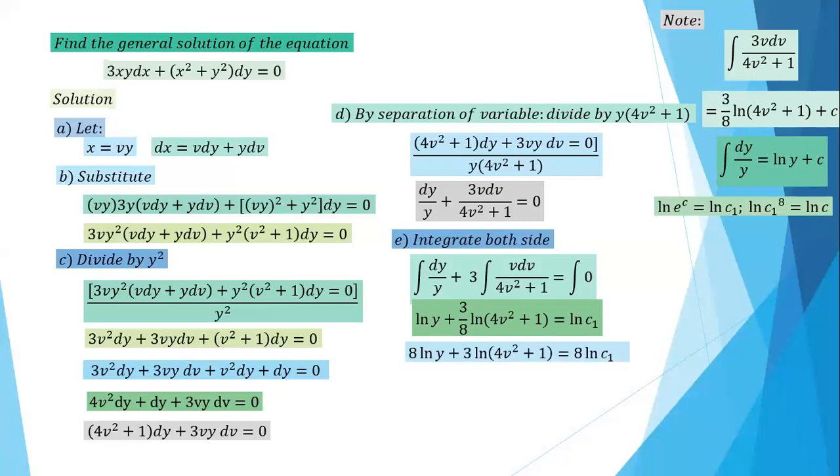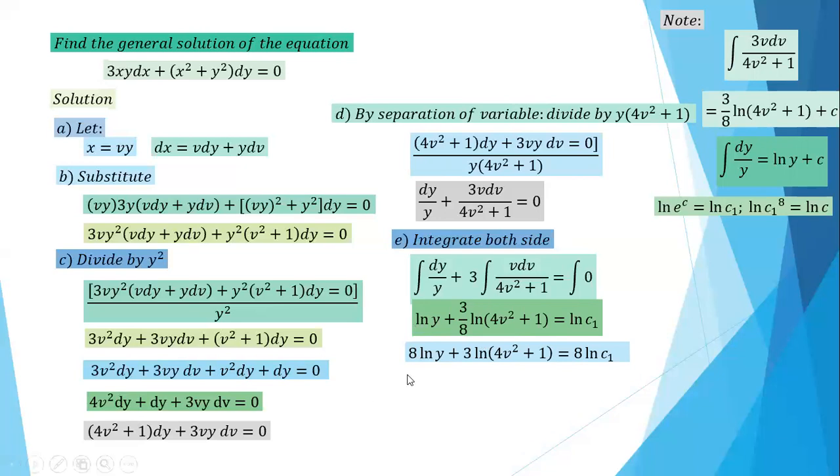Then next, we cross multiply by 8. So first we multiply 8 here. So we have now 8 ln of y. Then the common denominator now is 8. Then we multiply to the other side of the equation.